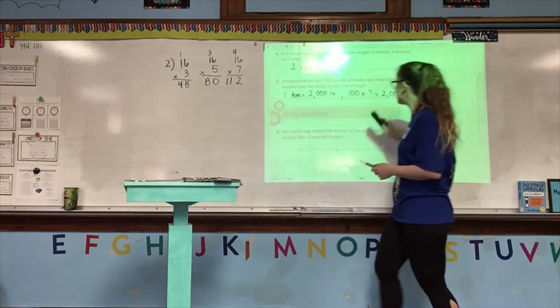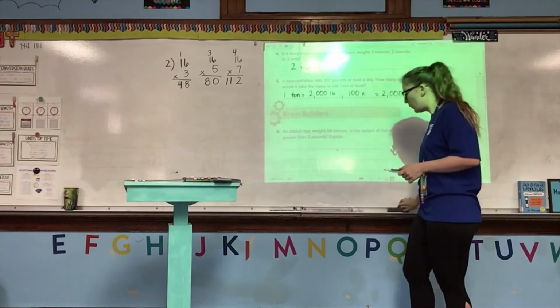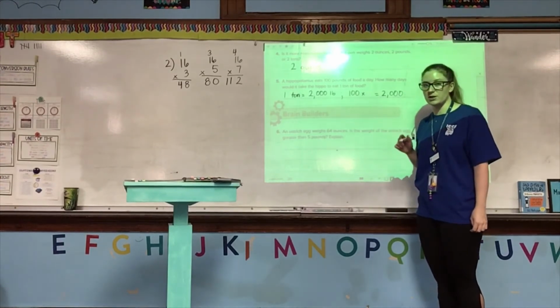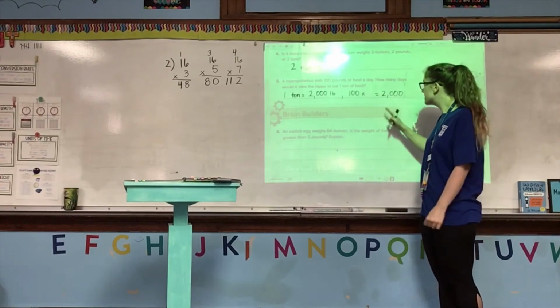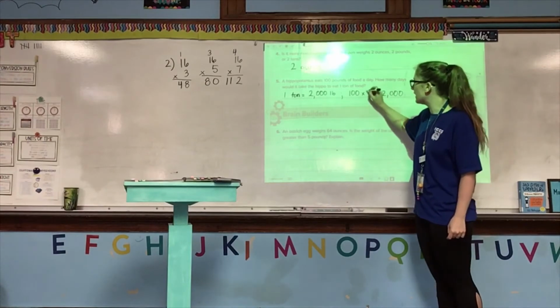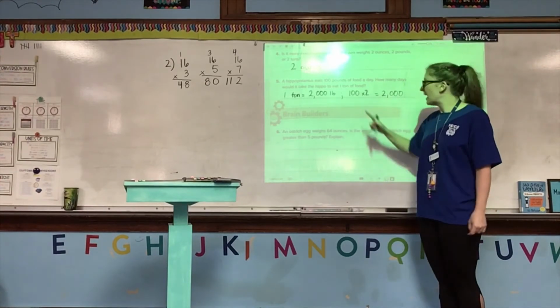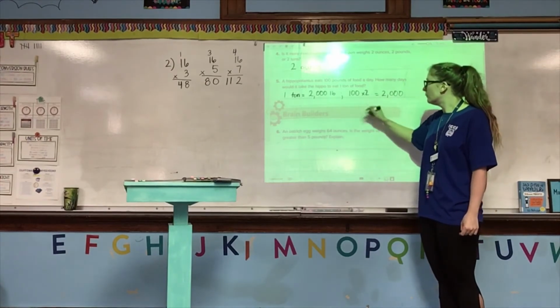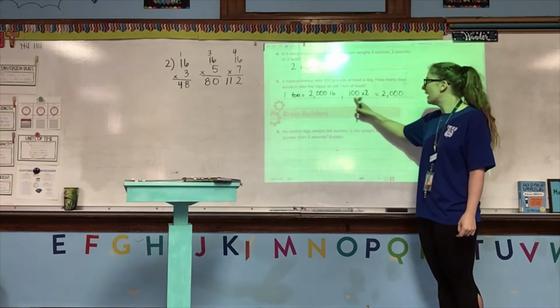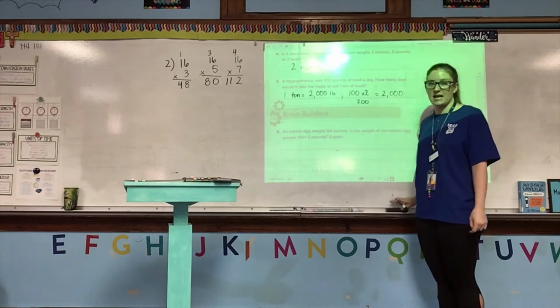Well, how we can solve that is we can figure out how many times greater 2,000 is than 100. So let's use our basic facts. We know that to get 2, we have to say 1 times 2. Now if we did 100 times 2, well, we would do the basic fact, which is 1 times 2, which equals 2, and then put those 2 zeros at the end.